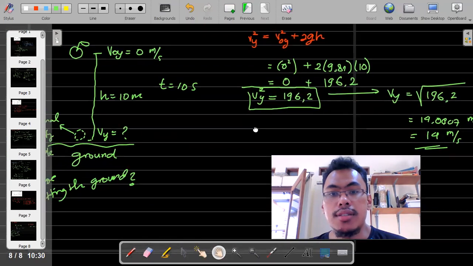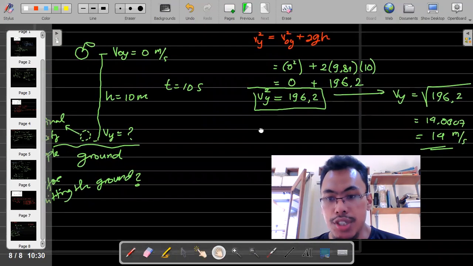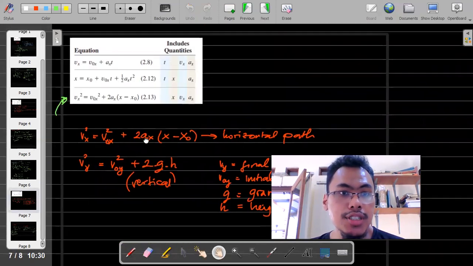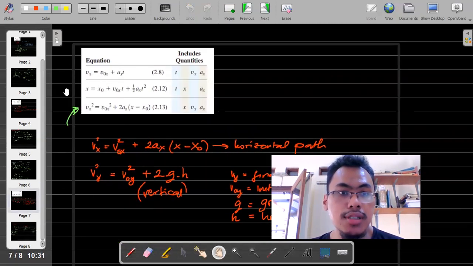Okay, so I think that's all for the equations. So far we have 3 kinds of equation. The first one is this one, the second one is this one, and the last one is this one. And you need some creativity to use them.